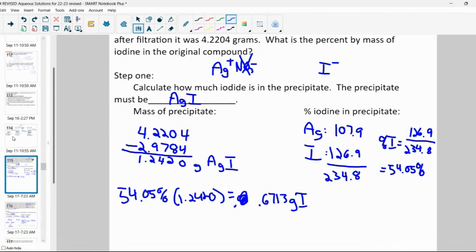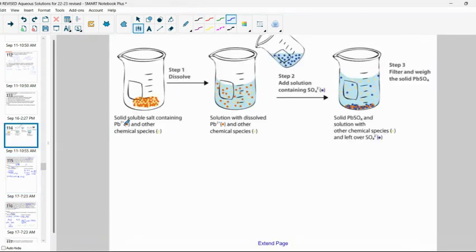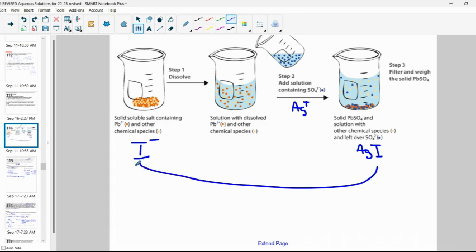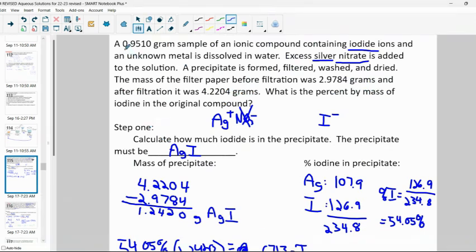Going back to our example here, instead of lead, we're focused on our iodide. Instead of sulfate, we're adding silver ions. So we're getting our AgI out of this, silver iodide. Whatever iodide I get here, all of this came from the iodide that was in my original unknown sample. So going back, this was my original mass of the sample, 0.9510.